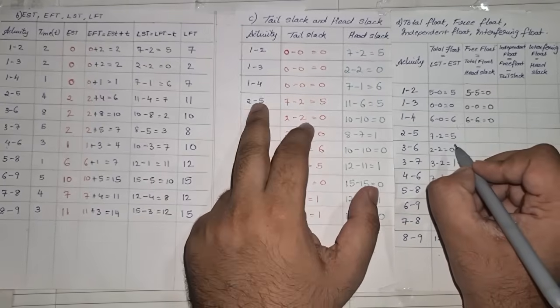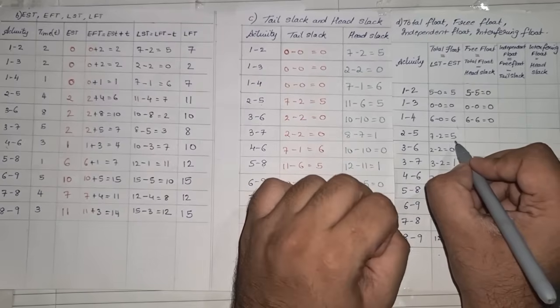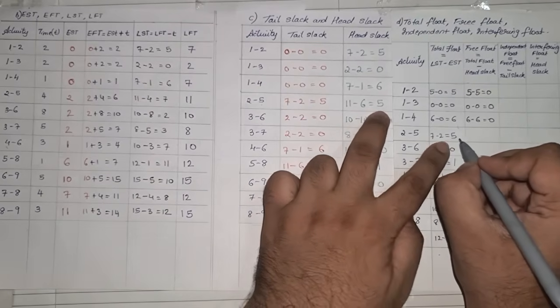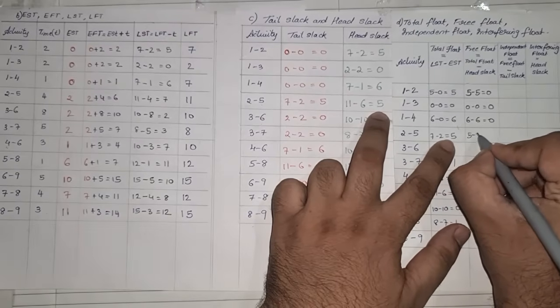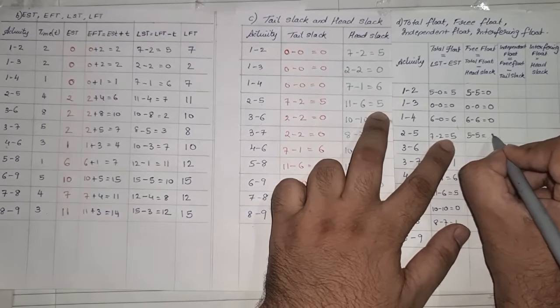Next, for the next one we have 5 minus 5, which is 0.